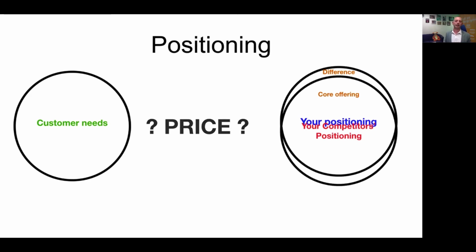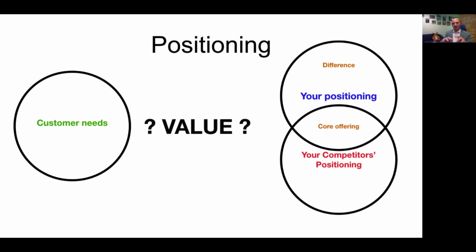If you can differentiate yourself sufficiently, yes, you're going to have a core offering in common, but if you can differentiate yourself and you can help your customers differentiate themselves through their purpose, their values, and various different ways that they promote themselves, then actually what they'll start to do is be seen as different.